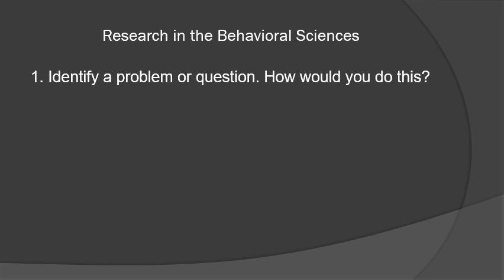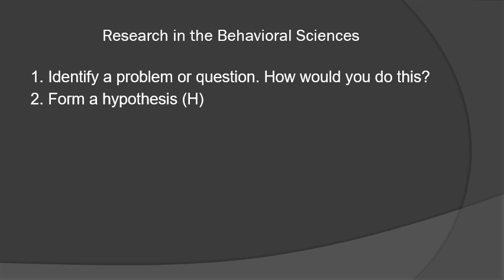From that, we form a hypothesis. We hypothesize based on the previous stuff that's out there, the previous research, the previous information we have, information that we may have in our brain about previous observations.